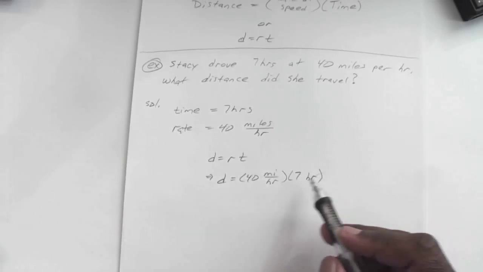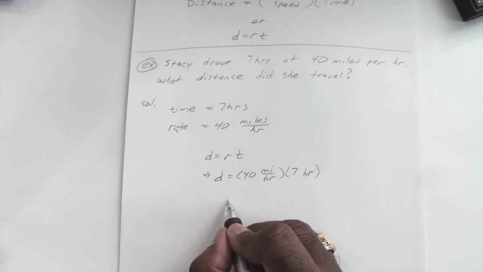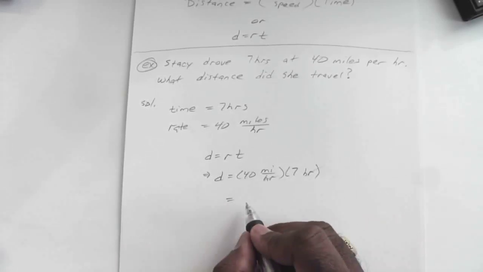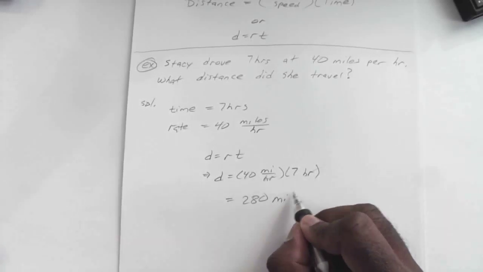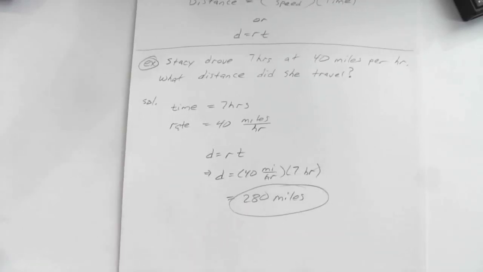Okay, so your units of measure actually cancel each other out. So that means it's equal to 40 times 7, which is 280, and the only unit of measure left is miles. Okay. So driving for 7 hours at 40 miles an hour, you'll get 280 miles.